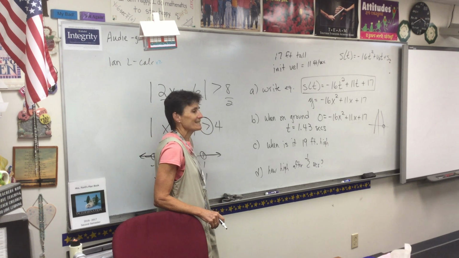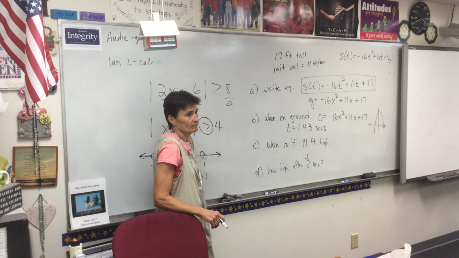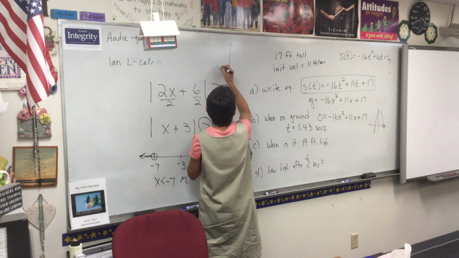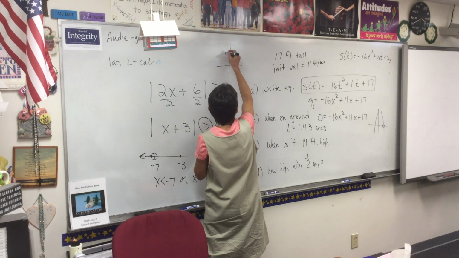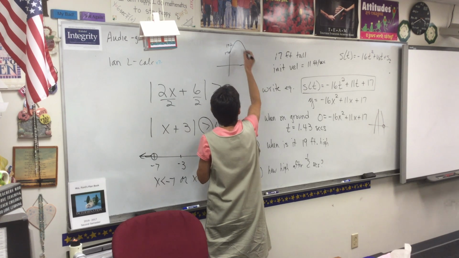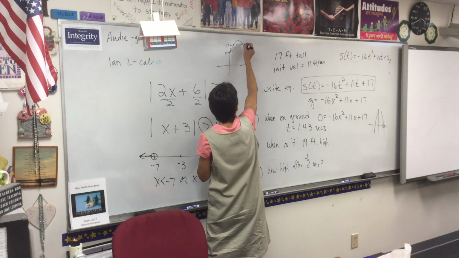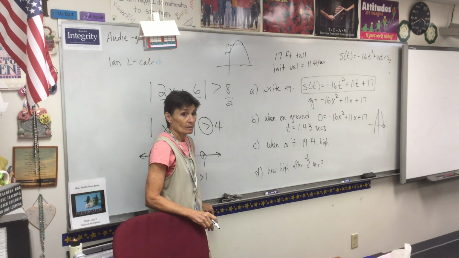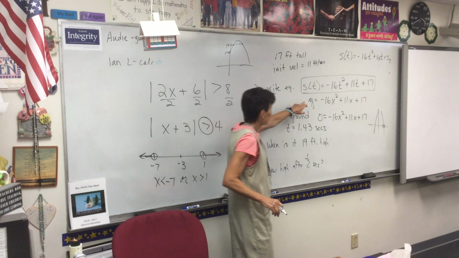All right, when is it 19 feet high? So think about it. You're standing on top of a building that's 17 feet tall, and you throw this thing up into the air. Is there a time, or maybe 2 times, that it's 19 feet tall? So go back to your equation.